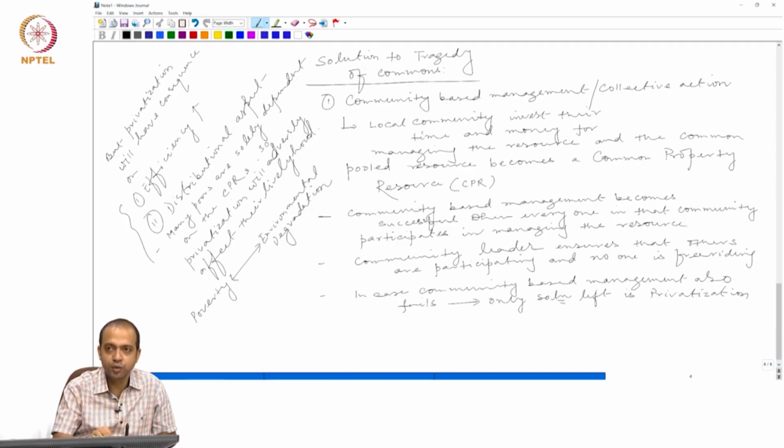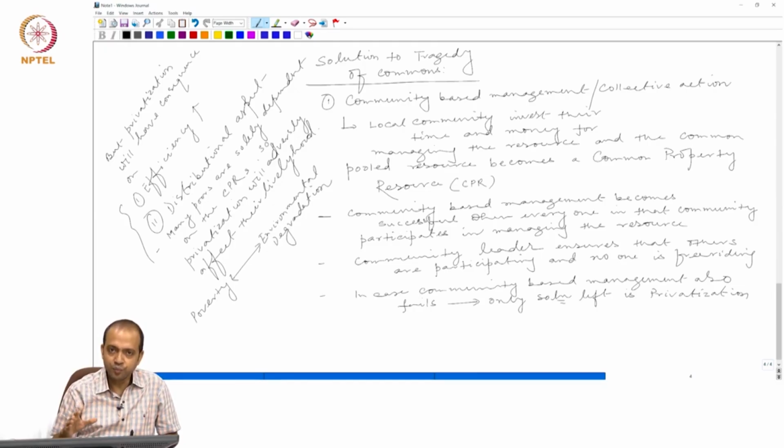This problem becomes worse in the context when the resource is negatively impacted by any type of developmental project. So, to protect this type of resource from becoming a tragedy of commons, we need to carefully think about the institutional arrangement.